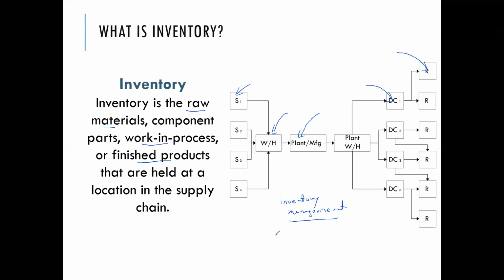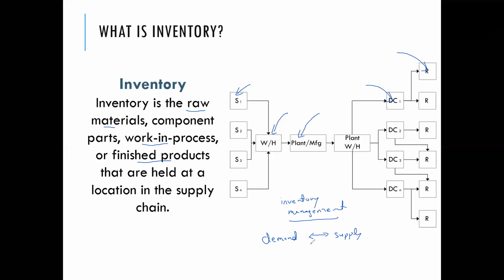So basically, if I relate inventory management to what we were discussing earlier regarding supply chain management, we said that supply chain management is about meeting the demand with supply, right?